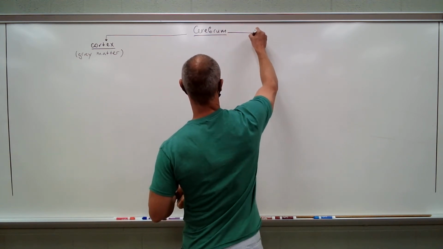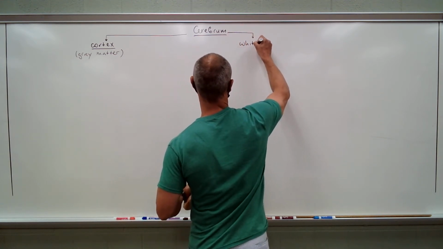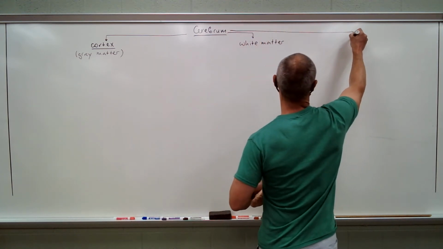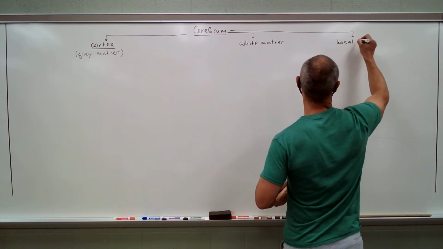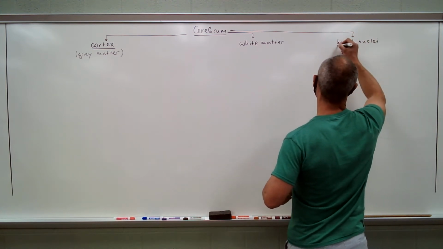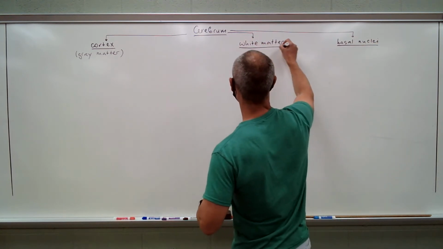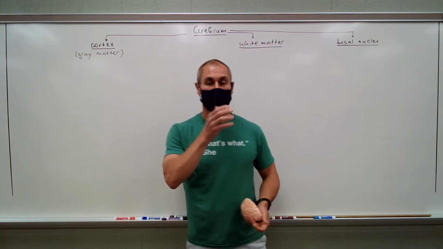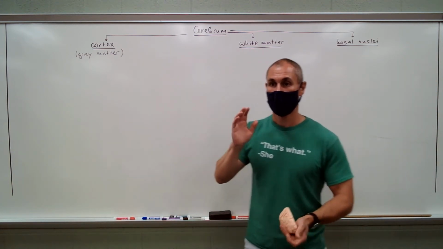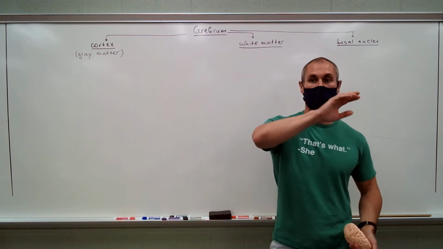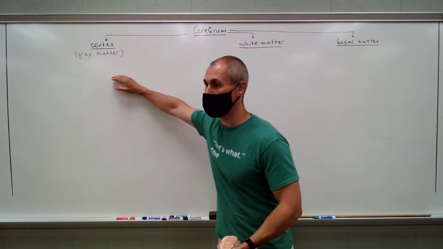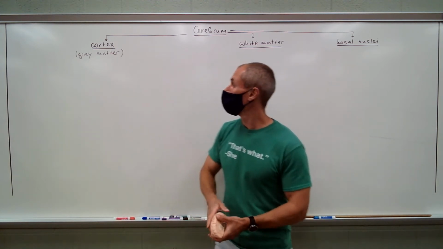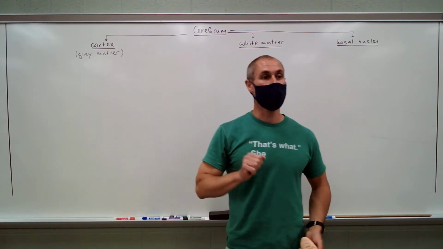The second structure is white matter. And the third is basal nuclei. You're going to learn what these are a little bit later. For now, I want to do a quick comparison between the cortex and white matter, and then focus your attention on cortices. I'm going to give you a hint.